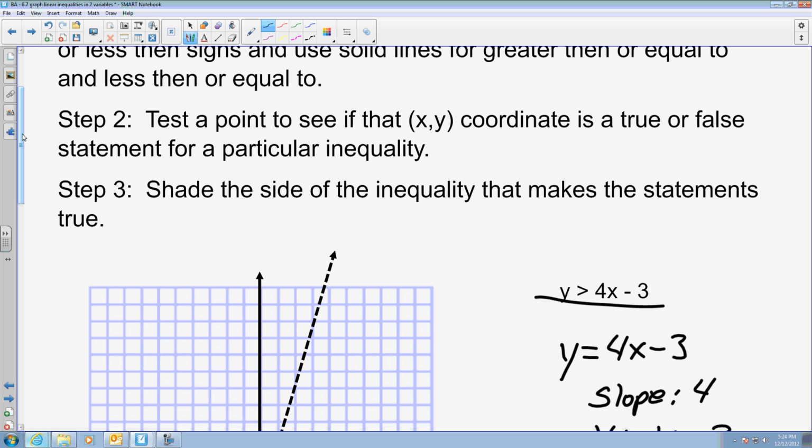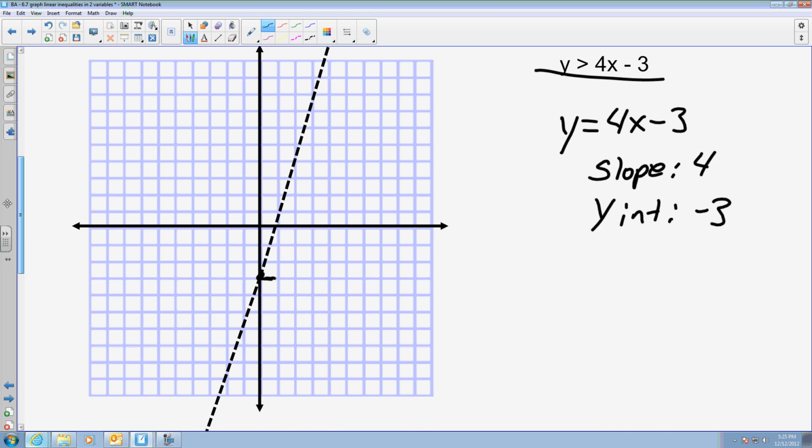Step 2 is we need a test point to see if the (x, y) coordinate is a true or false statement for that particular inequality. It's very important to select a point on the graph that's not on the boundary line. So I would not want to use anything that's close to the boundary line.